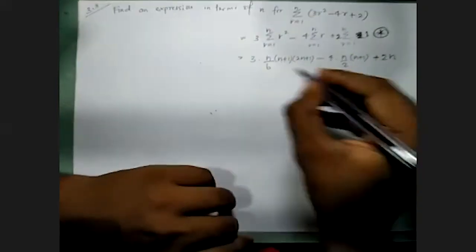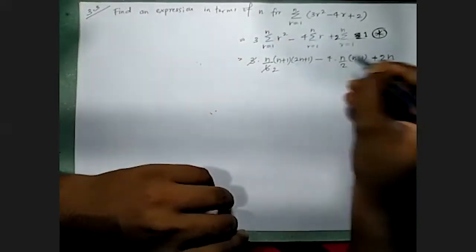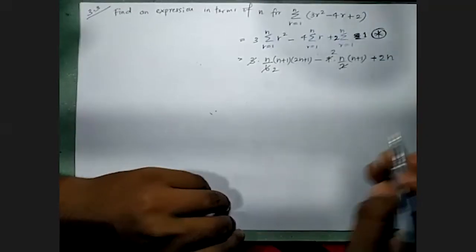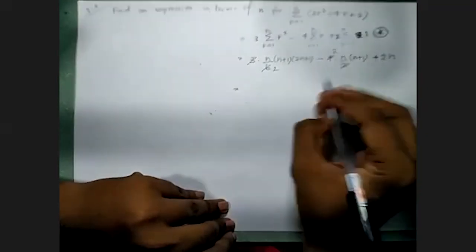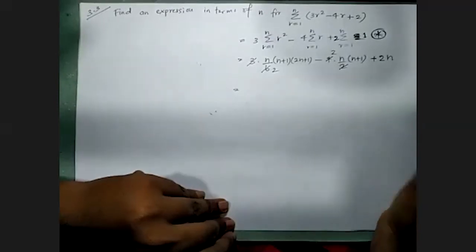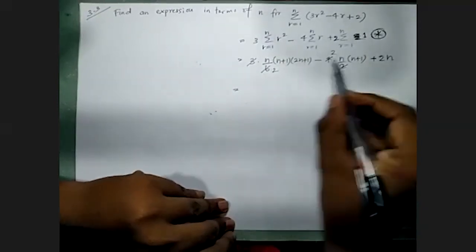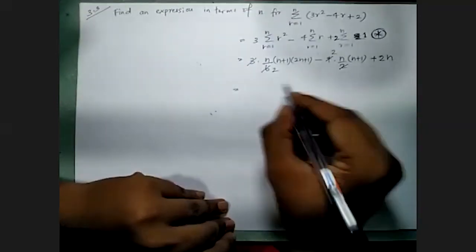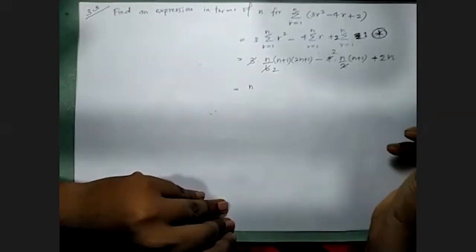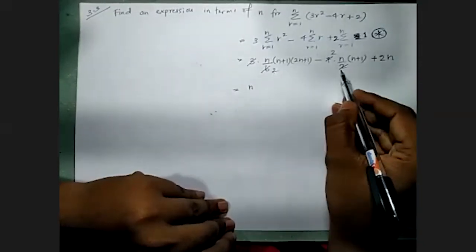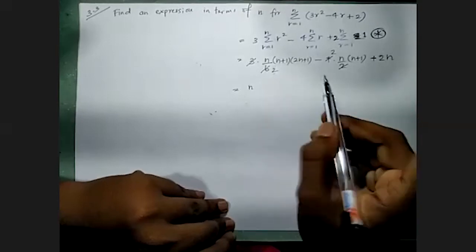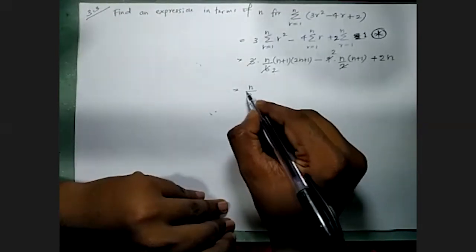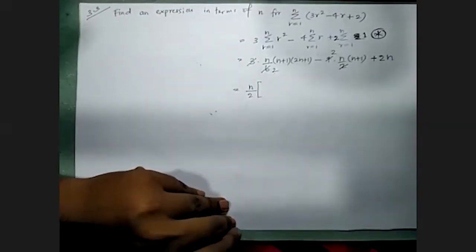Now simplify. You can take n out. In all 3 terms you have n. When you have a denominator like this, at least in one term, take that denominator as a common factor also.